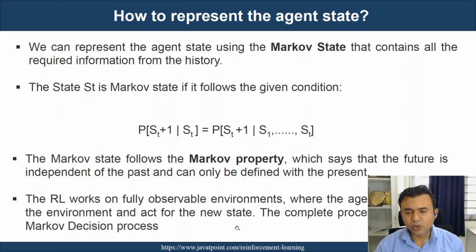The complete process of deciding the states, what would be the next state, is called the Markov decision process. So the agent generally applies this approach and takes the action so that it will reach the next state.